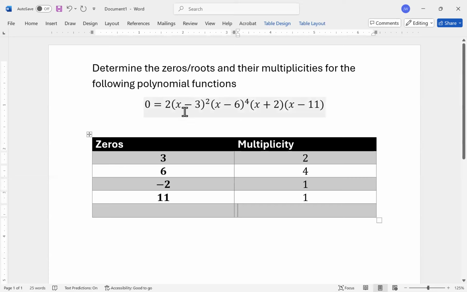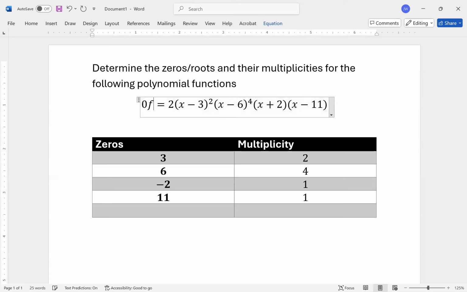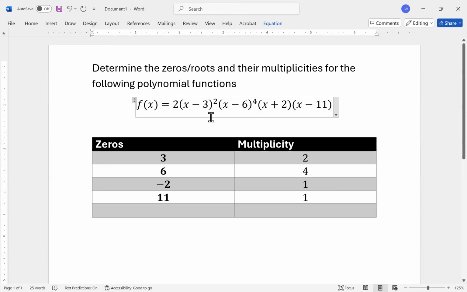If you actually multiplied this polynomial out, you would get degree 2 times degree 4 times degree 1 times degree 1. So that would give you a degree 8 polynomial function.